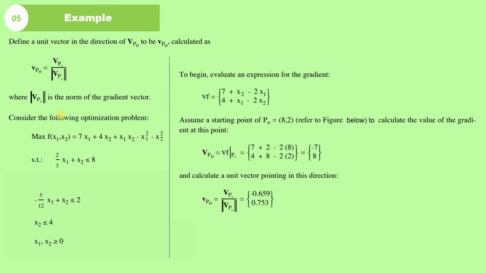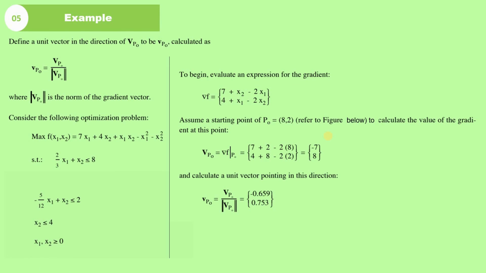To begin, evaluate an expression for the gradient. We will evaluate the gradient by partially differentiating the function with respect to x1 and x2 separately. That gives us 7 plus x2 minus 2x1, and 4 plus x1 minus x2, which can be taken in vector form. Assume the starting point P naught as 8, 2, which will be shown on the next slide.